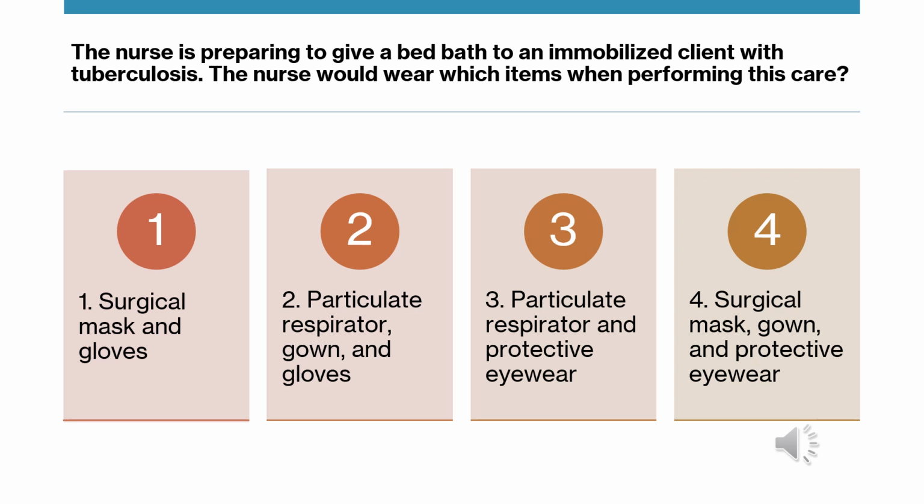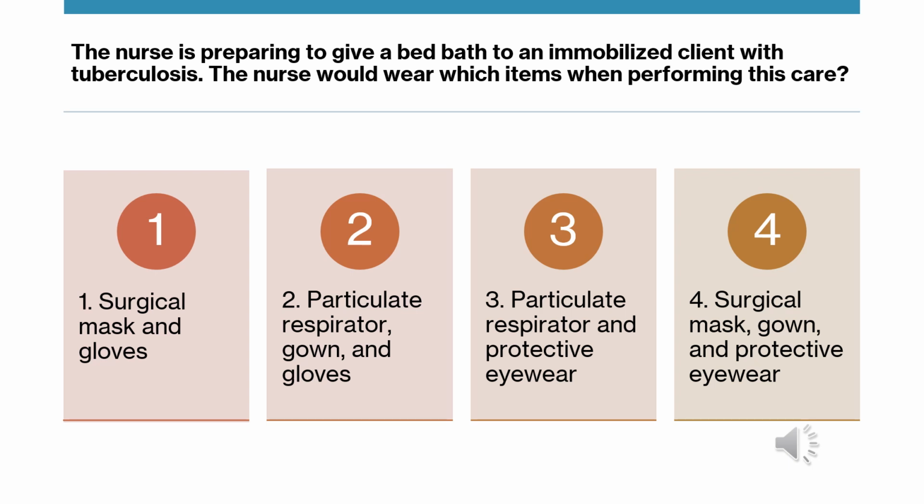So airborne precautions, what do you need? To walk in that patient's room, you would need your N95 mask. Remember, you need your N95 mask to walk in that room.